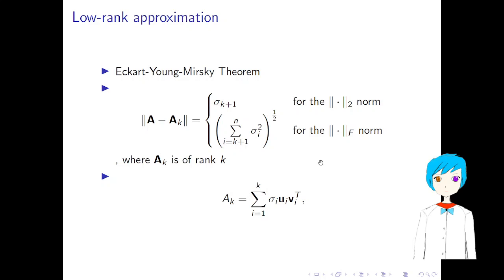So A_k can be taken as the summation of sigma_i u_i v_i transpose. Here u_i and v_i are column vectors, so u_i v_i transpose is a matrix.